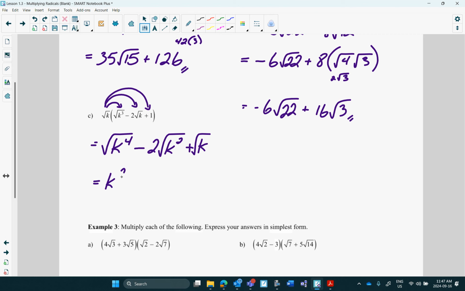I can take it exactly. I don't have to find the highest perfect square because it is a perfect square. Minus 2k. So I can take it exactly. And root k, I can't do anything.